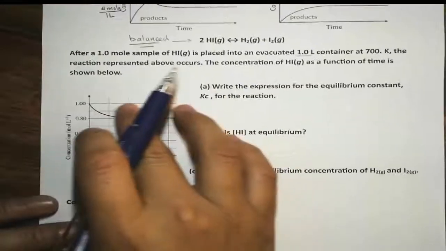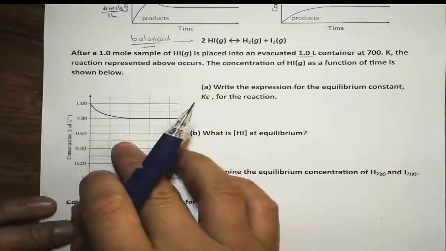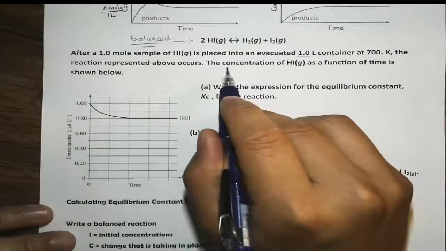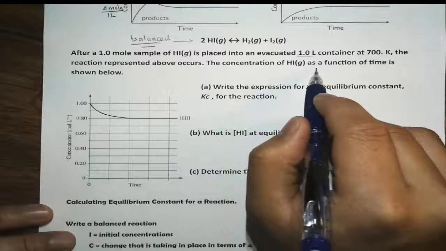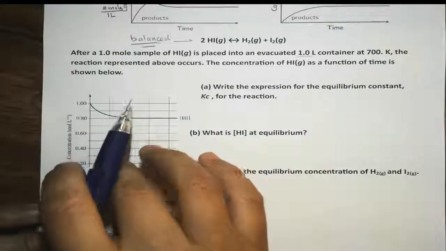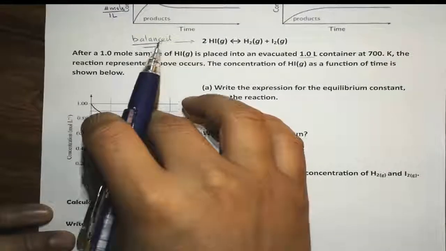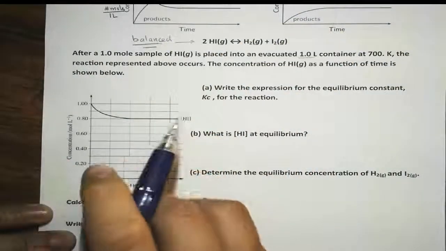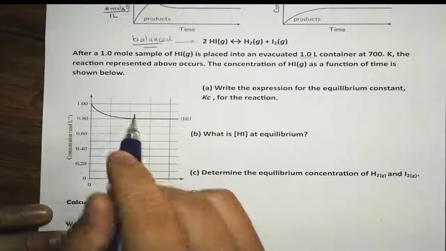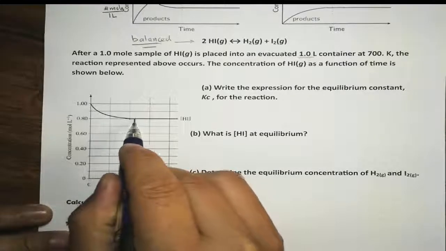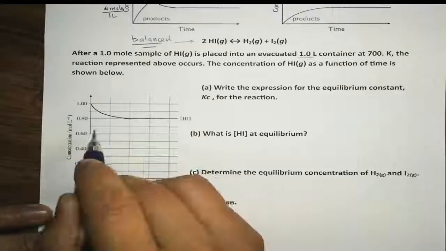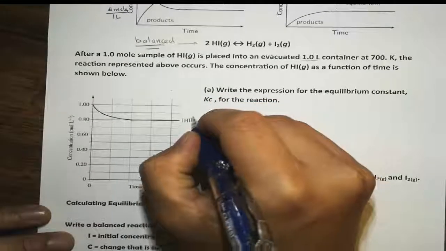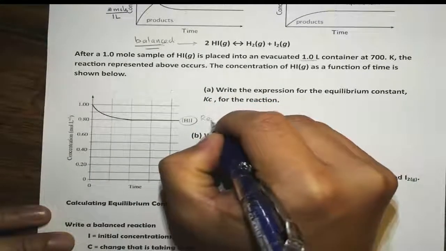So here we have this graph that represents this chemical reaction. The concentration of HI as a function of time is shown below, and it is going to be at equilibrium at this point right there. You see how HI does not change in terms of concentration. What is HI? Of course, this is your reactant.